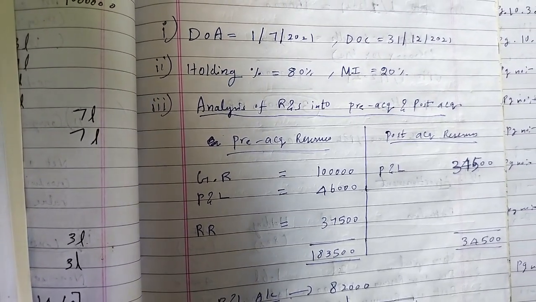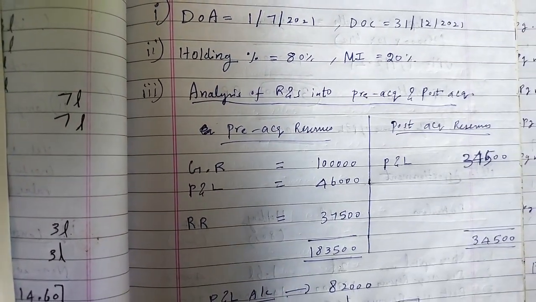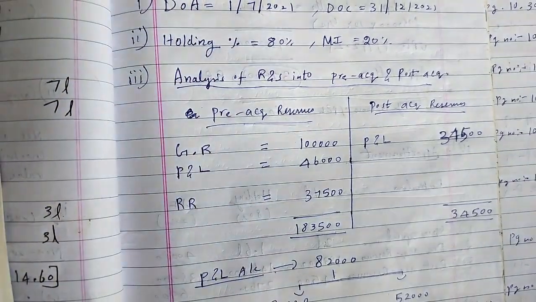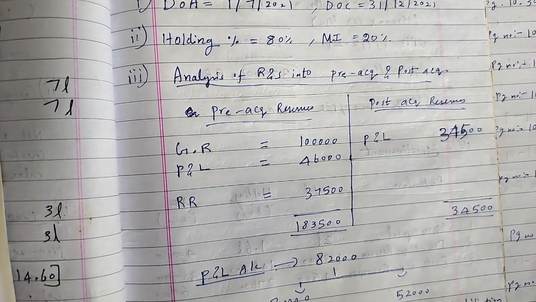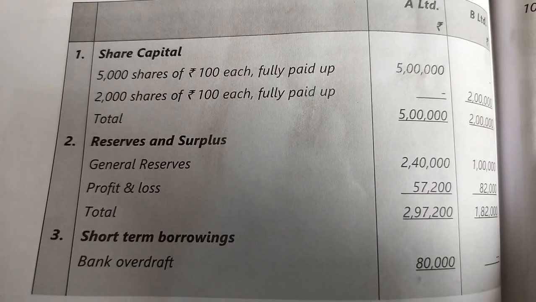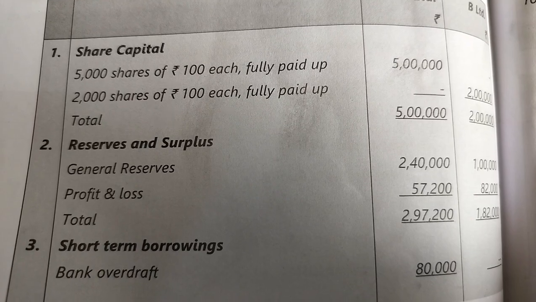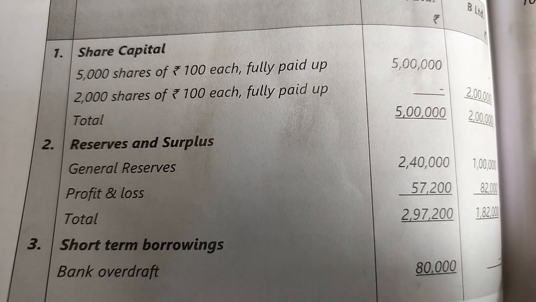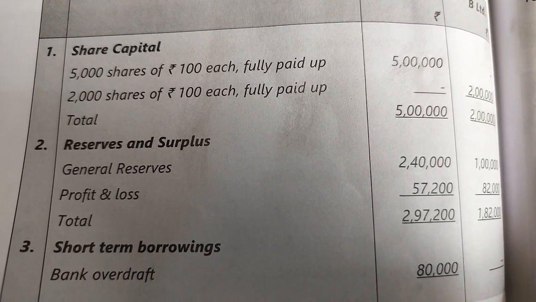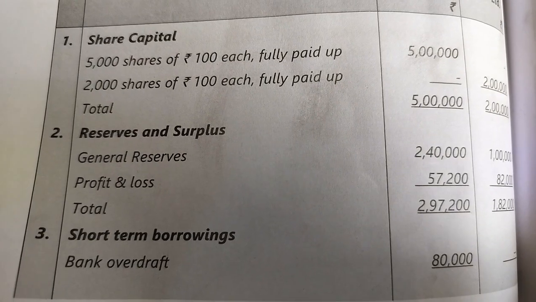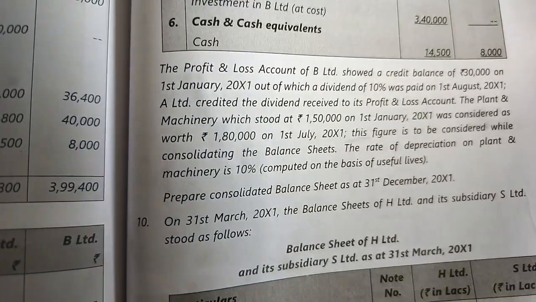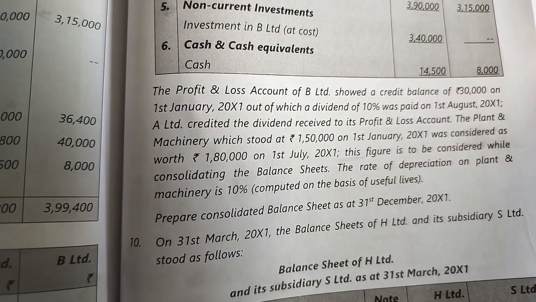Third point, analysis of reserves and surplus into pre and post acquisition. We need to analyze which are pre and which are post. If we see the reserves of the subsidiary company in the question, there are general reserve and P&L, both reserves. For the general reserve, we don't know whether it is pre or post.